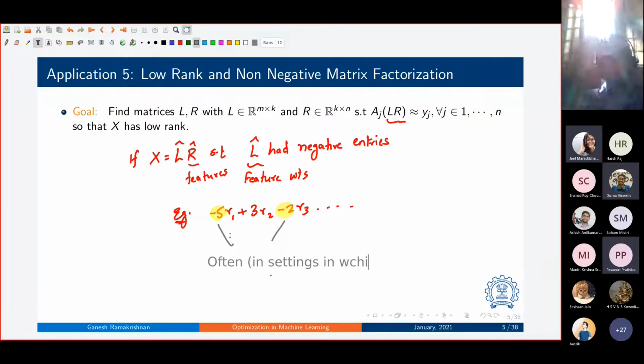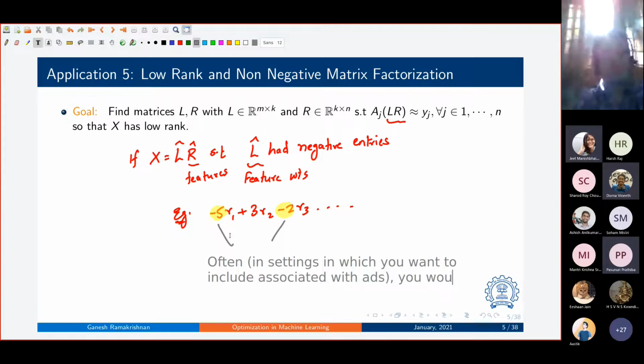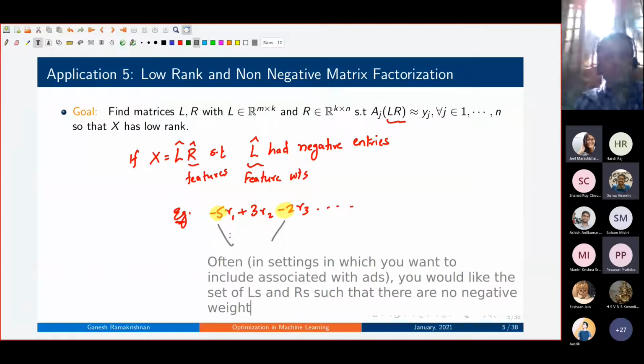So settings in which, let's say, you want to include keywords associated with ads, right? So you would like these set of L and R's such that there are no negative weights in L or even in R.